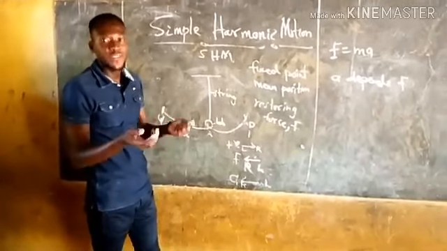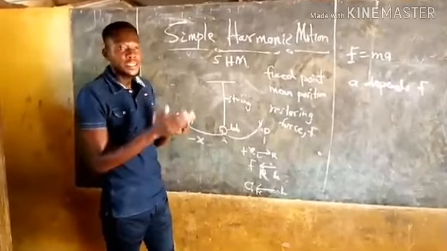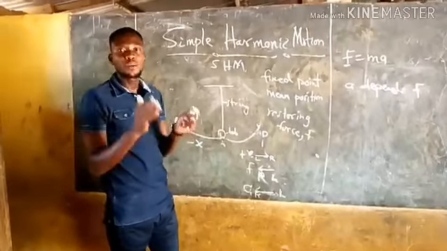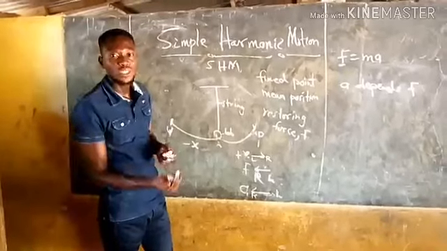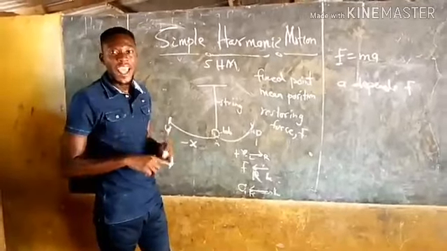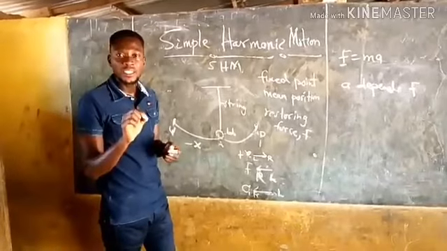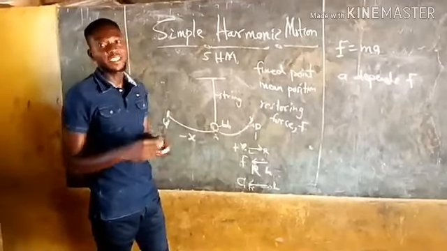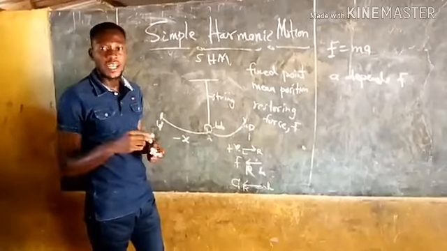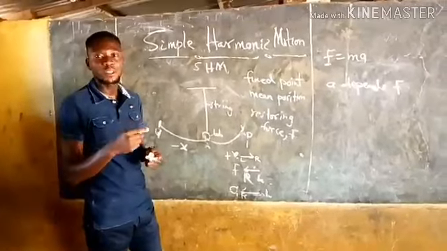Now, how do we define simple harmonic motion? A body is said to undergo simple harmonic motion when its acceleration is directed towards a fixed point, and that acceleration is proportional to the displacement. So these are the conditions for simple harmonic motion.